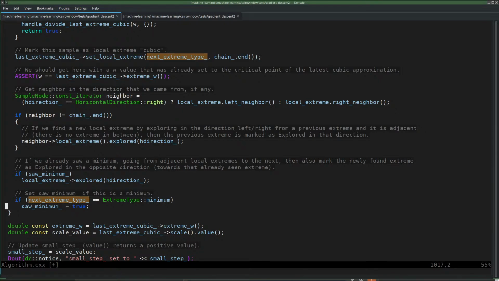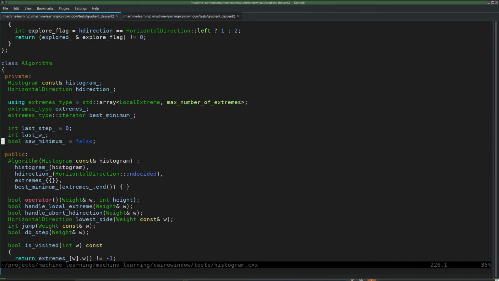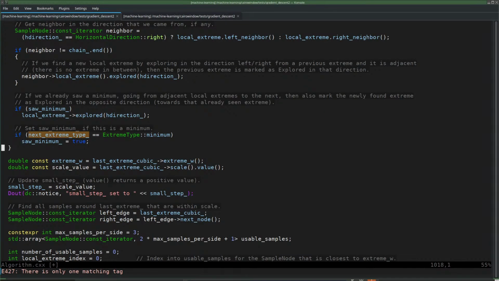Means two things. You must initialize saw minimum with false, and you must reset it to false if we do something else, then continue searching in the same direction. I guess that's only when we jump, so that would be a local extreme jump.